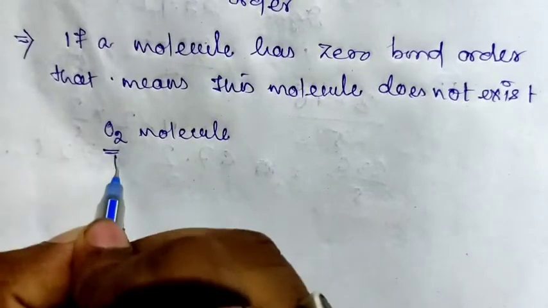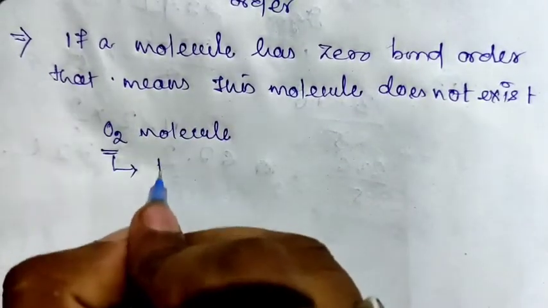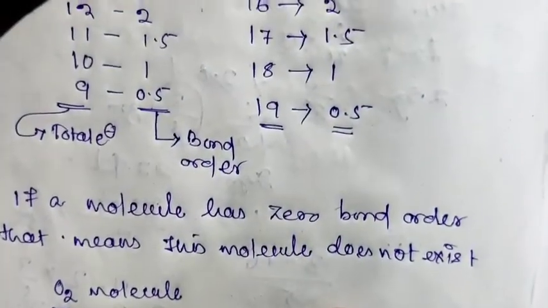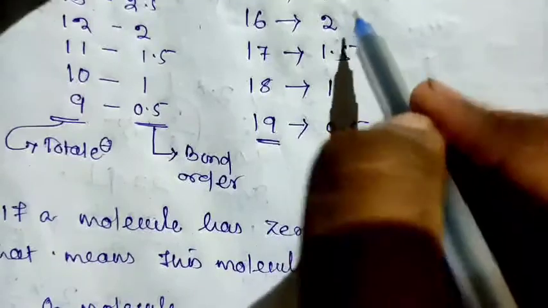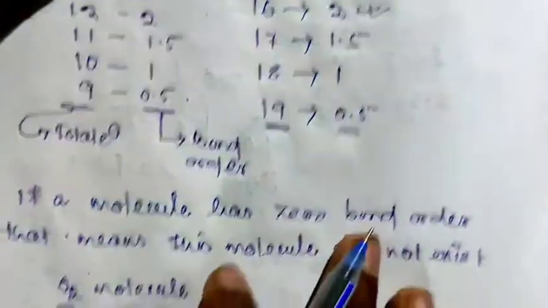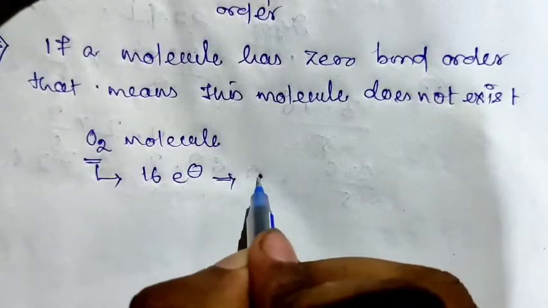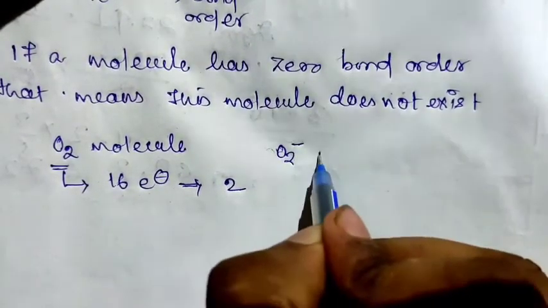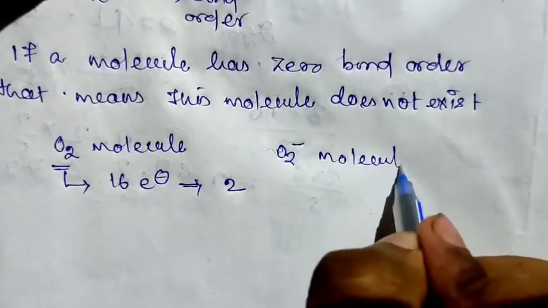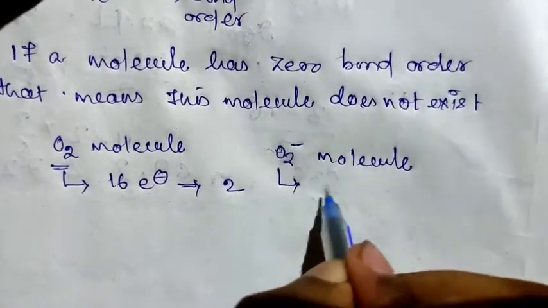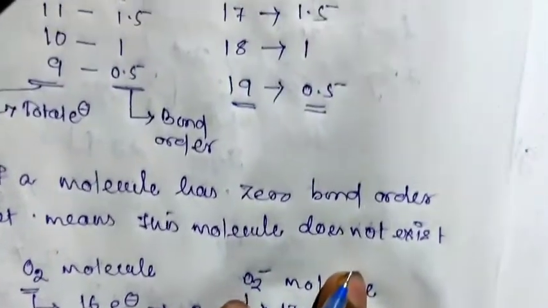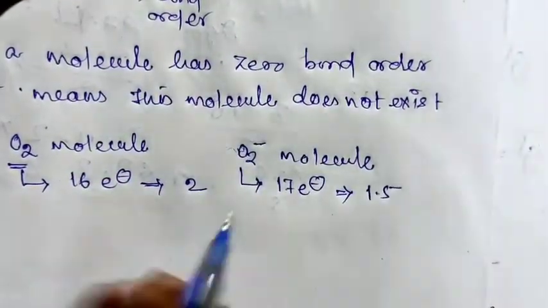Here the total electron is 16. So from the data we know if the total electron is 16, then it has bond order 2. Again, if we consider the O2 minus molecule, then total electron is 17, so it has bond order 1.5.